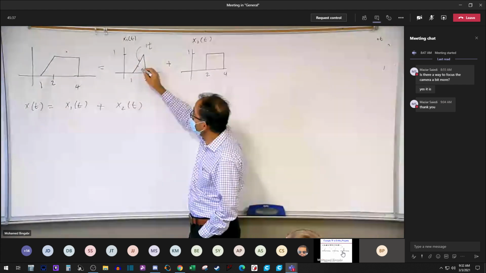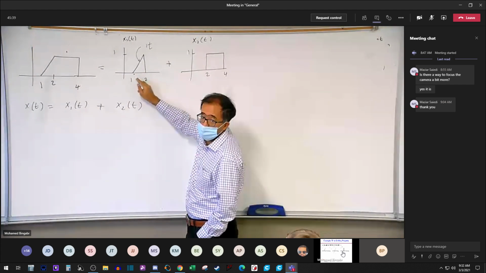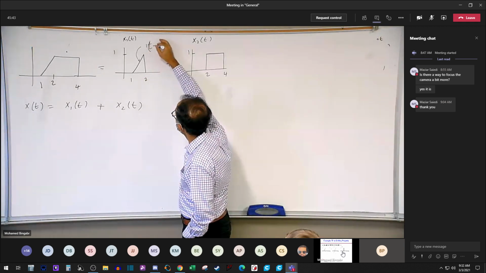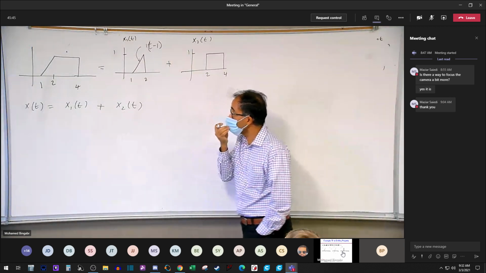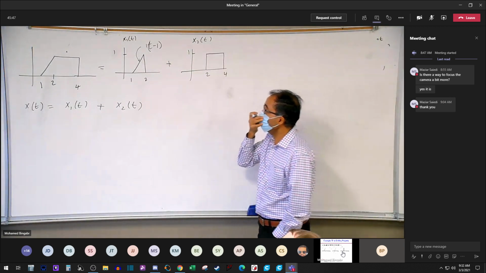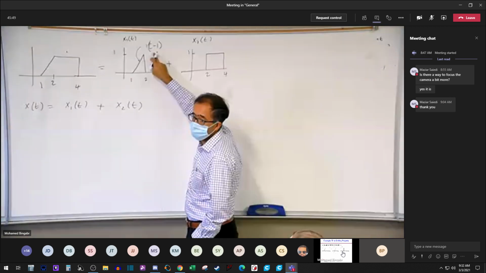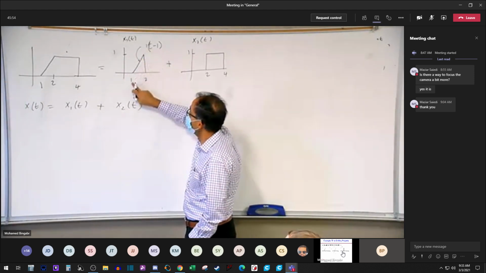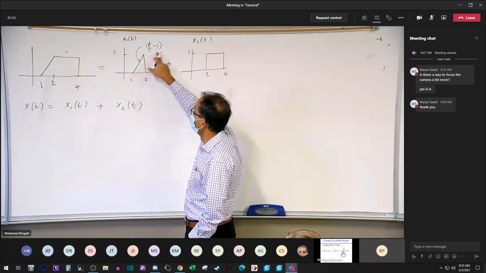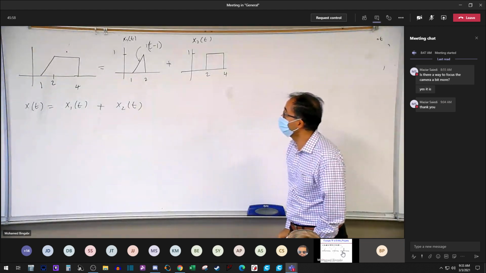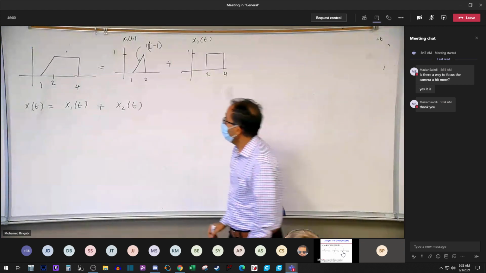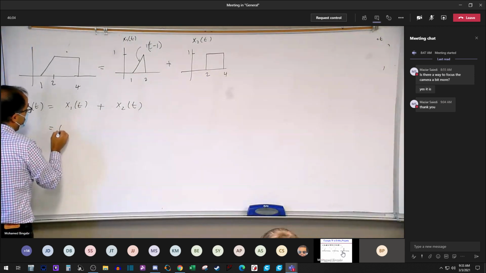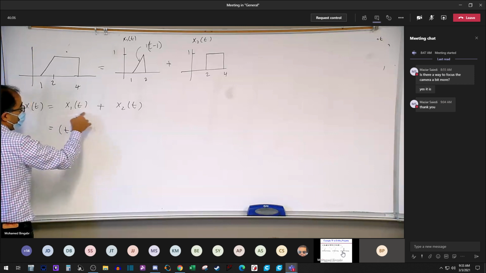And this line is shifted 1 unit to the right, so that would be t minus 1. If you are not sure, plug in t equals 2: 2 minus 1 is 1, which is this. Plug in t equals 1: 1 minus 1 is 0. So that's the equation, and it only exists from 1 to 2. So that will be t minus 1, that's x1 of t.